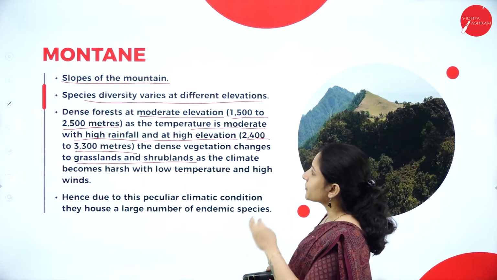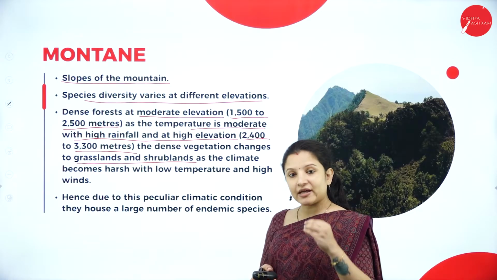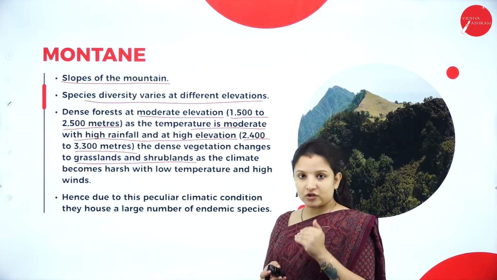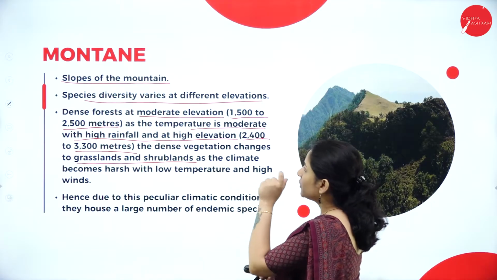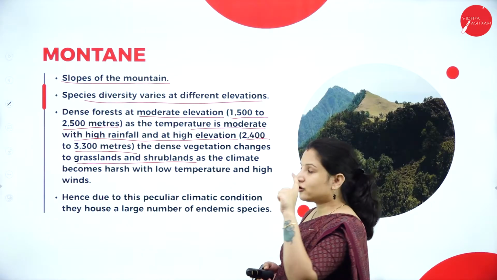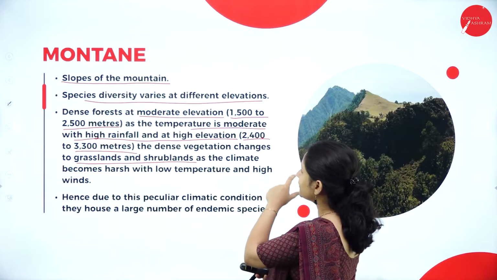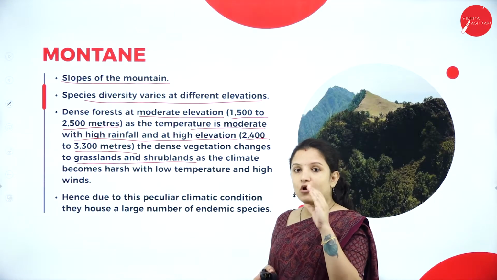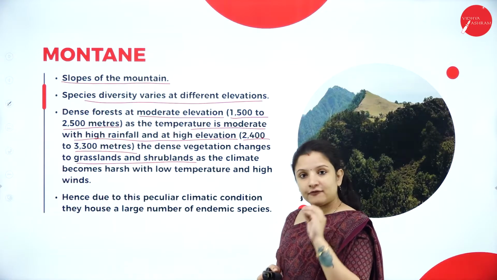I told you the species diversity varies within the mountain itself, because a mountain is nothing but the slope of a hill, right? Up to a height of 1500 to 2500 meters, the mountain will have very dense forest.